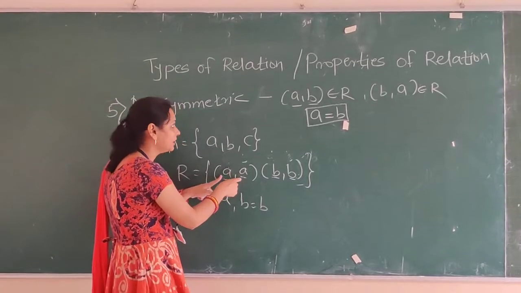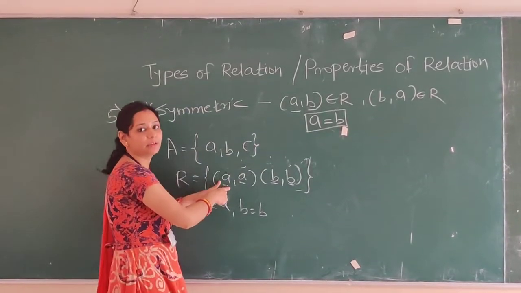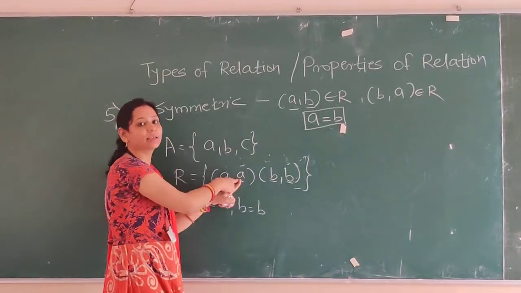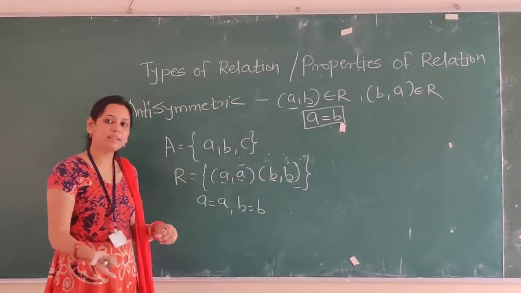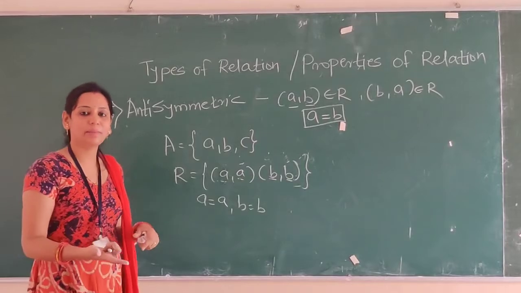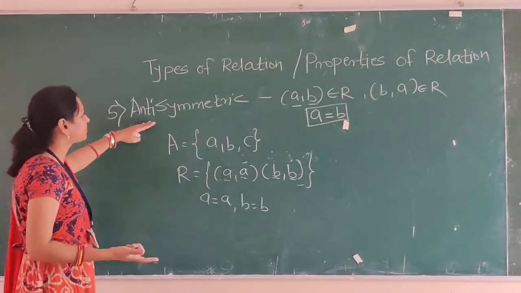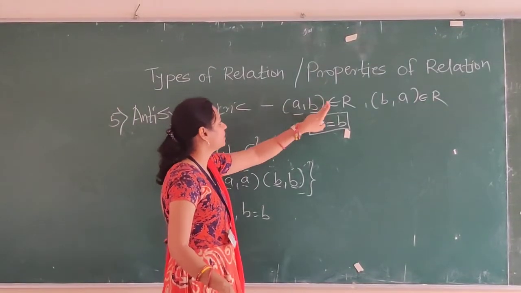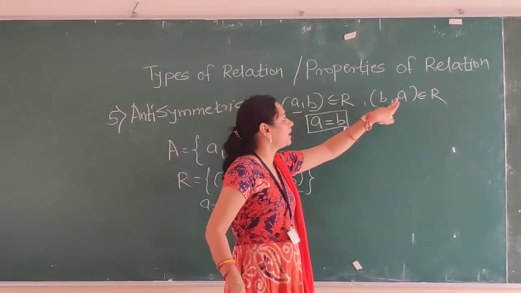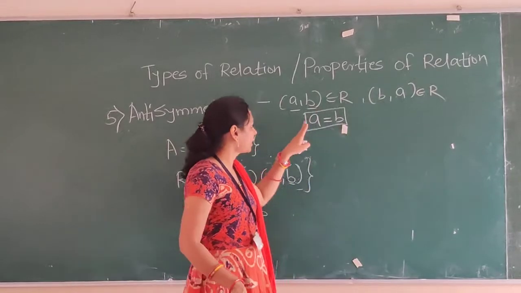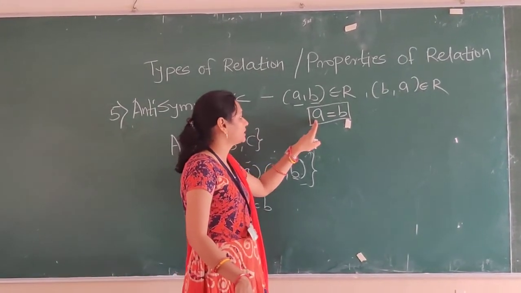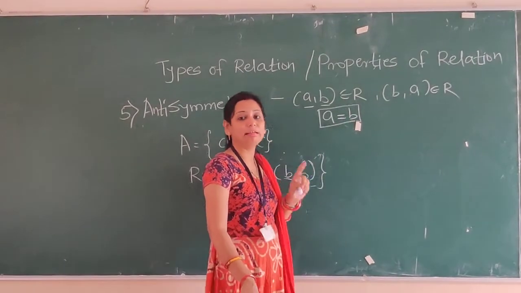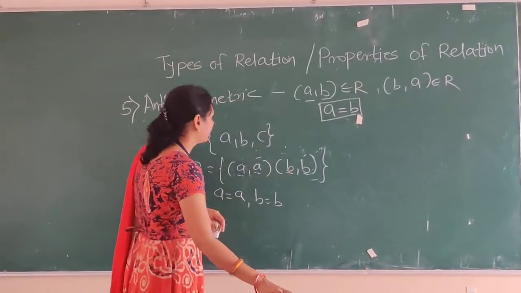So this (A,A) is nothing but this (A,B), where the value of A is A and the value of B is A. So indirectly we can say that whenever the mirror images are present, it satisfies the antisymmetric property. Means whenever (A,B) belongs to R, (B,A) belongs to R, and the value of A is exactly the same as the value of B, it is called the antisymmetric relation.